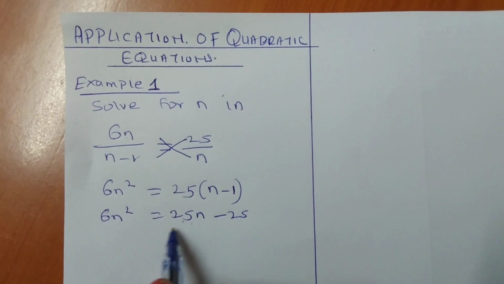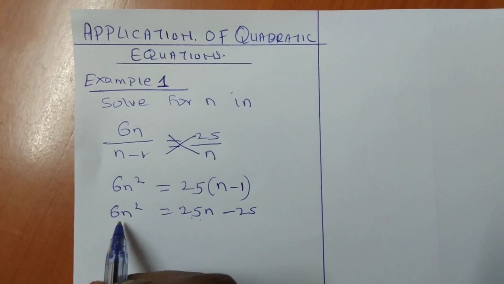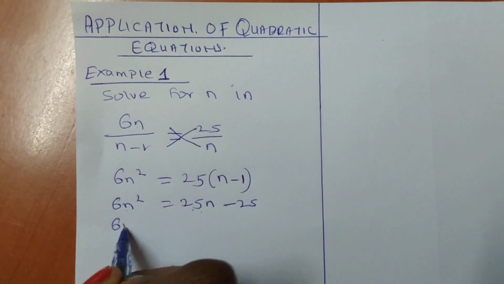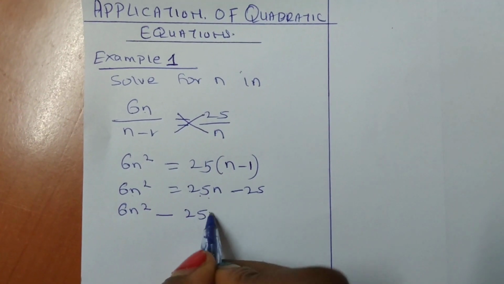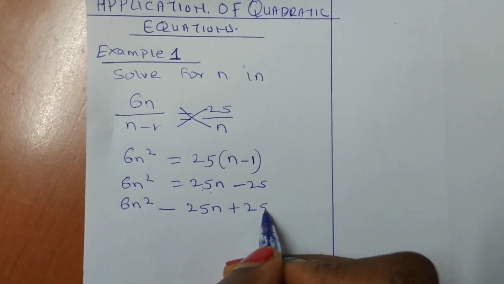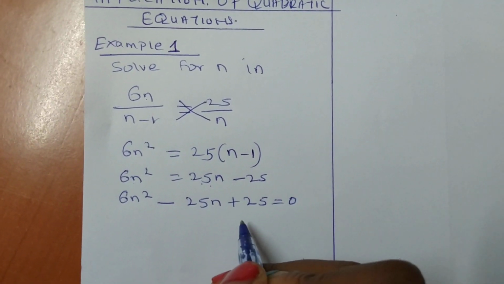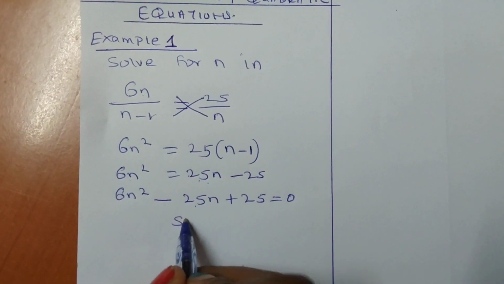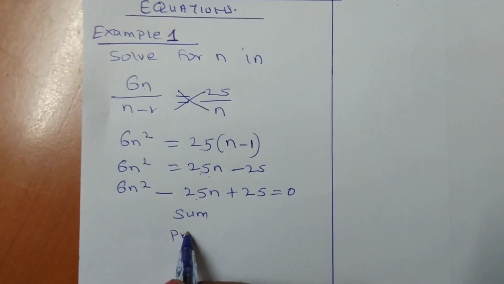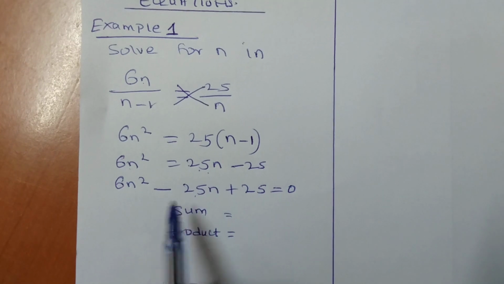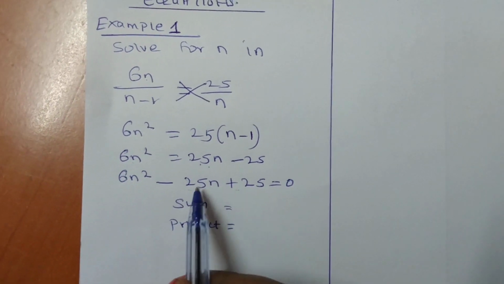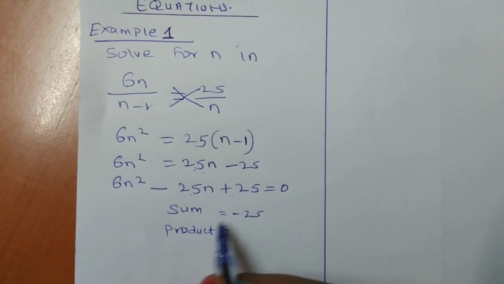We take 25n and 25 to the other side, so we have 6n squared minus 25n plus 25 is equal to 0. From here, we find the sum and product. Sum, we said, is the second value from our equation, that is negative 25.